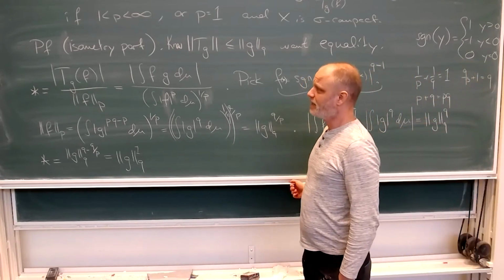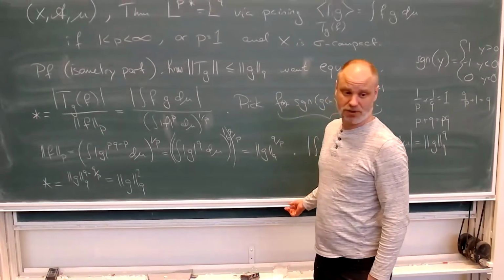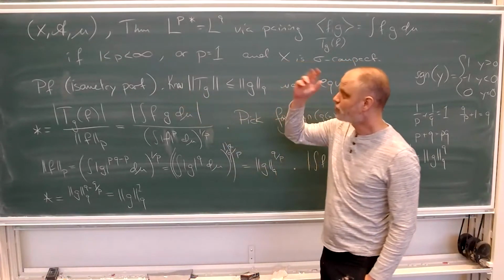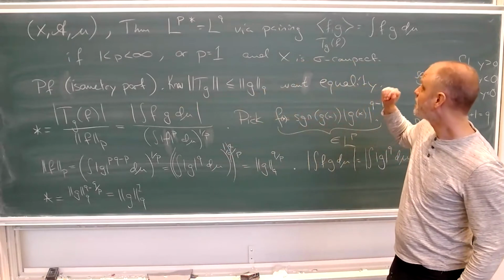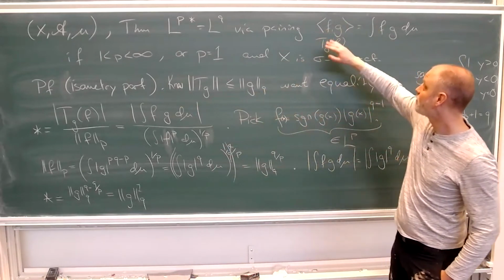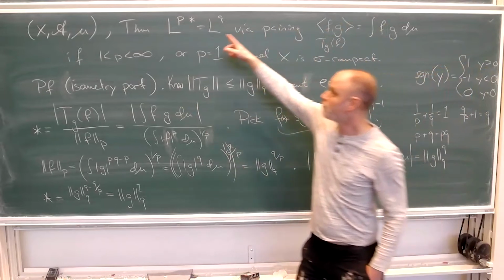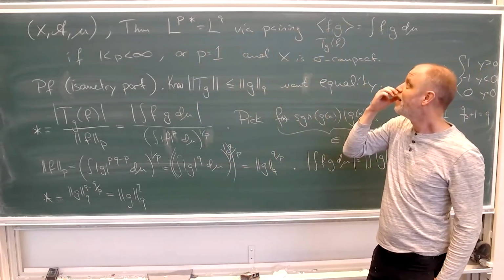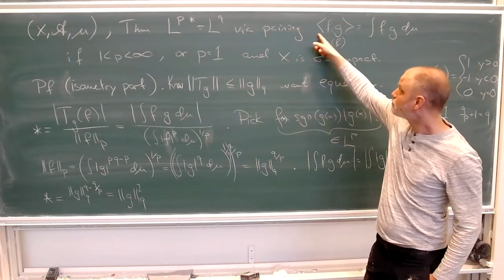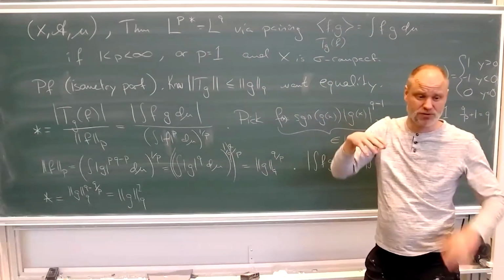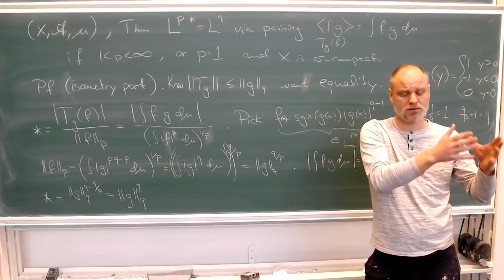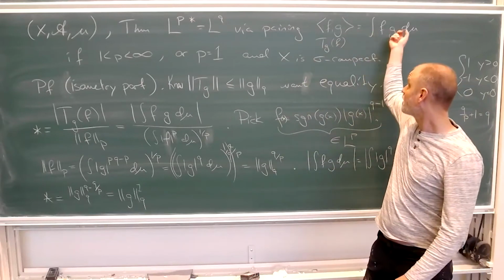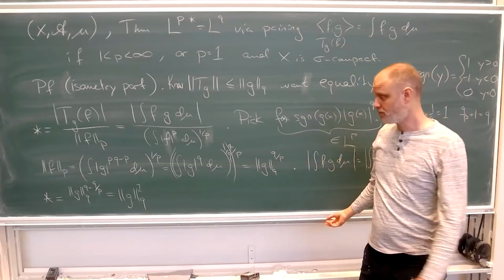What is lacking here now? So in our theory, now we have the isometry part. We need the surjectivity part, meaning that if I have a bounded linear functional on L^p, then I want to be able to express it like this. I will need to construct a g in L^q such that this formula gives me the given linear functional.